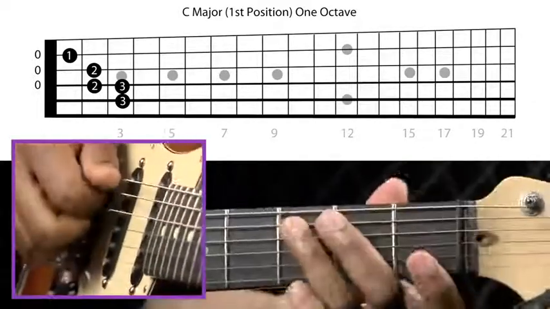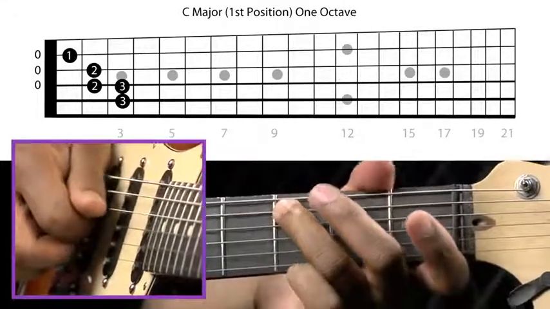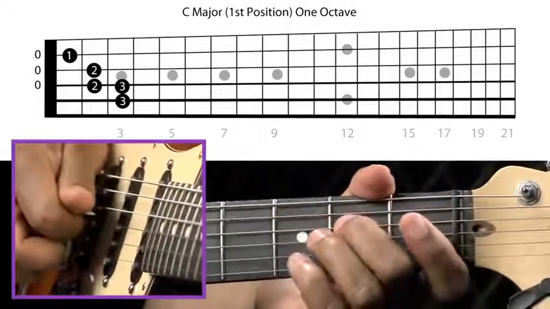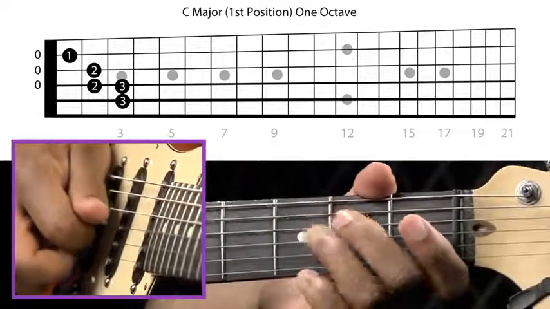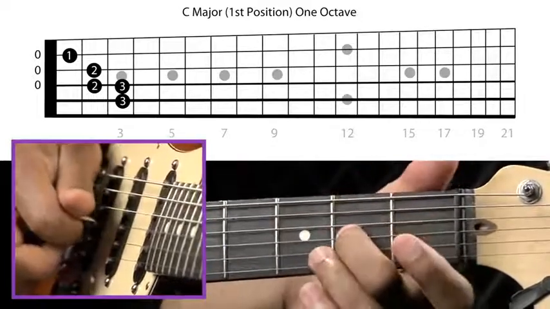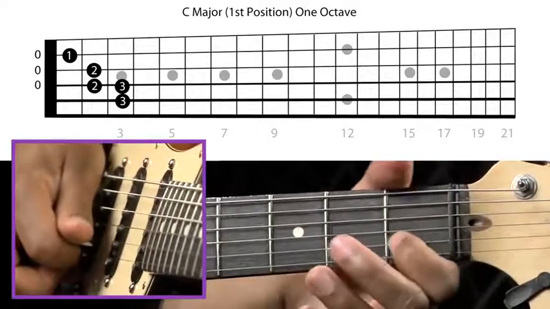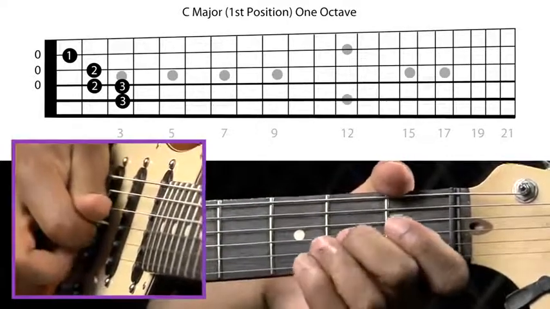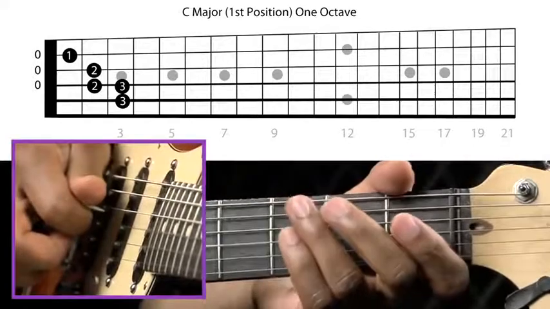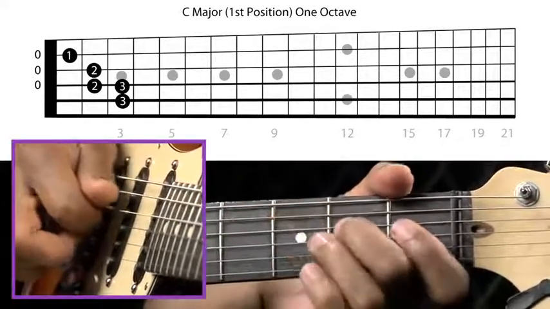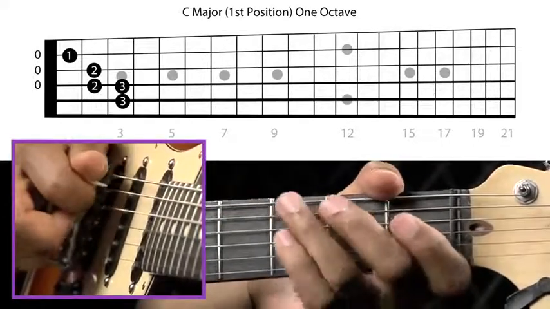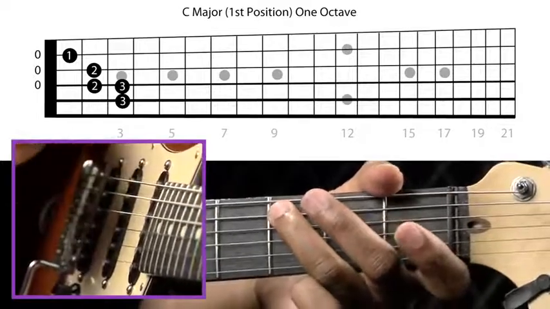One more time. C, D, E, F, G, A, B, C. C, B, A, G, F, E, D, and C.